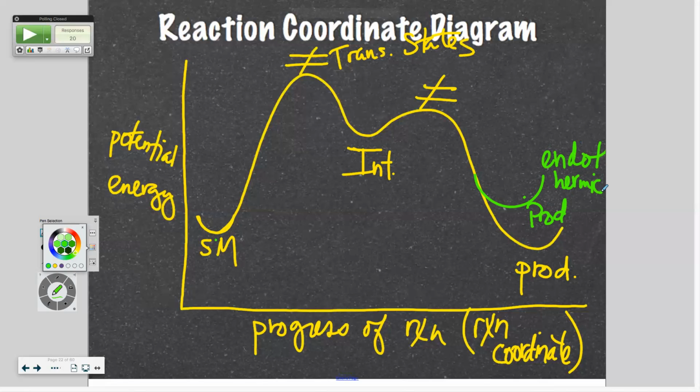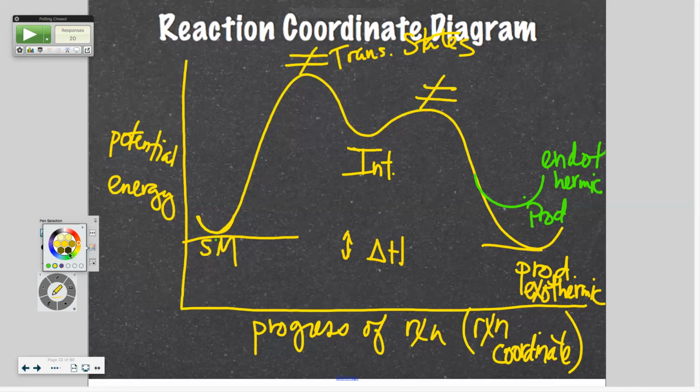I don't know that my product came out very low, but if your products are lower than your reactants at the end, that's exothermic. The difference between here and here is your delta H. That's your enthalpy.